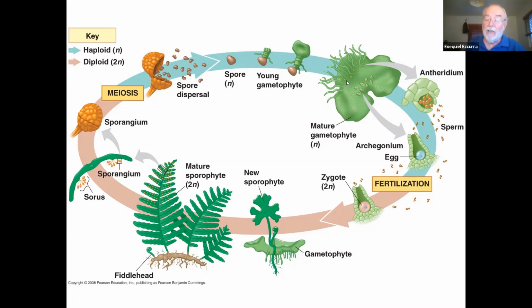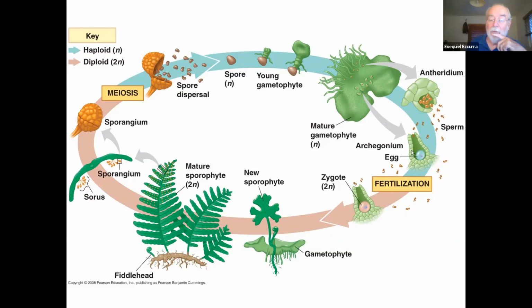When it rains and the gametophyte is wet, the sperm will move from the antheridium into the archegonium and fertilize the egg. If there is more than one gametophyte growing together, the sperm might even move from one gametophyte to another and fertilize the egg of another gametophyte. So they might self-fertilize or cross-fertilize.